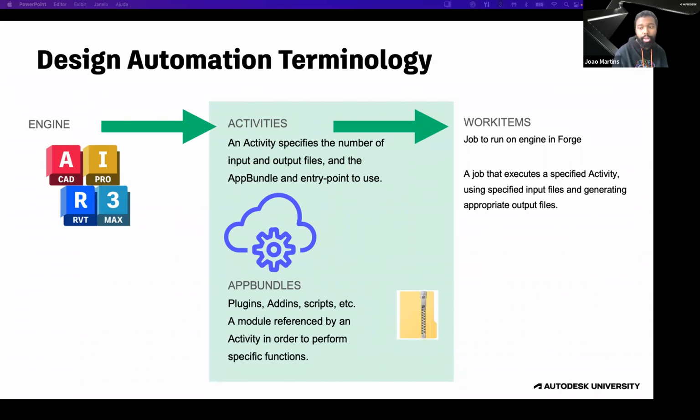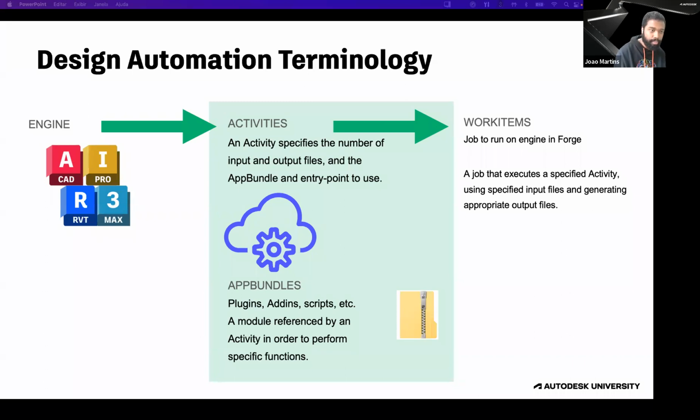It is the Autodesk product, including the specific version. We can have AutoCAD version 2022, AutoCAD version 2019, Revit version 2023, and so on, Inventor, 3ds Max. We can specify the engine and the version that we are going to use to process our input and generate the outputs. And those versions will refer to the versions of the API that are going to be used, all right?